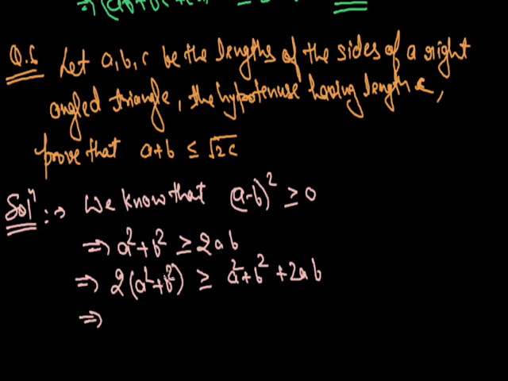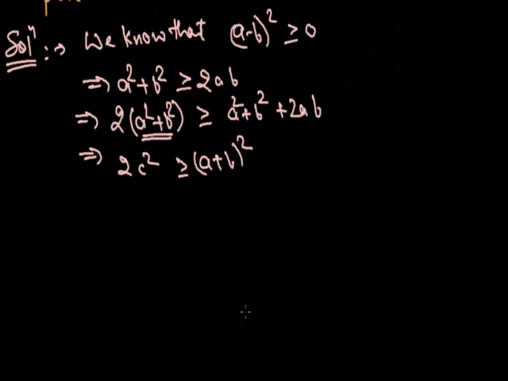From here A square plus B square will be given as C square for a right angled triangle, which is greater than or equal to (A plus B) whole square. Now by taking the square root of both the sides, we would have that A plus B is less than or equal to square root of 2 C. That's proved.